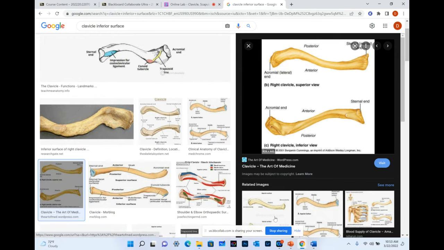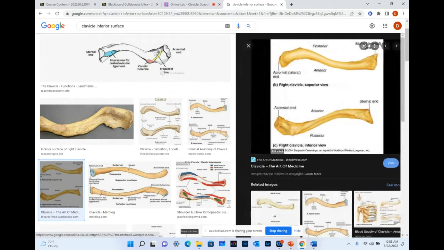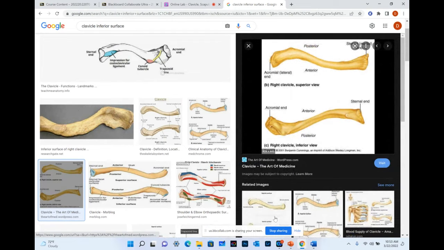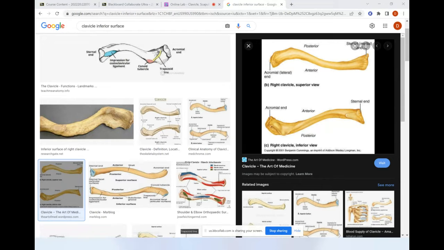So the top photograph that I am moving, the upper shot of the bone, that is the smoother surface. So this is going to be your superior surface.